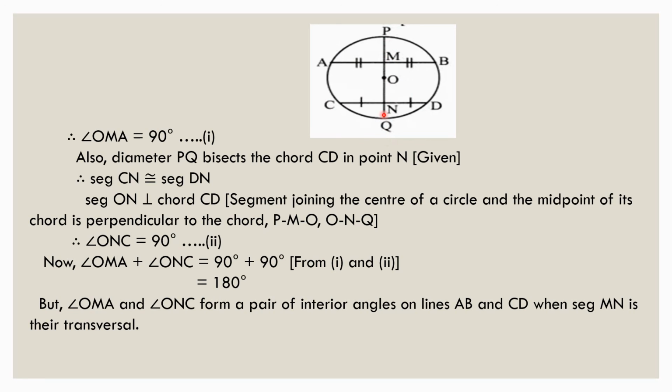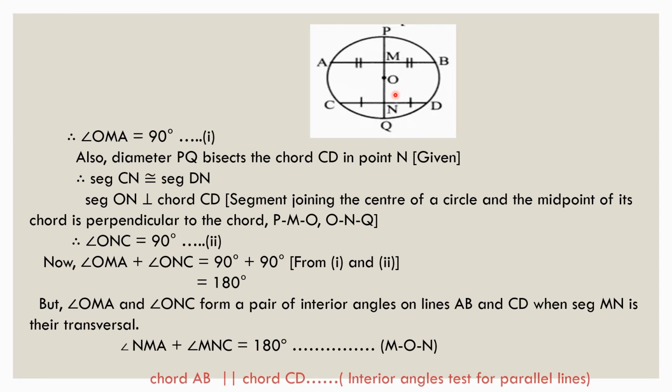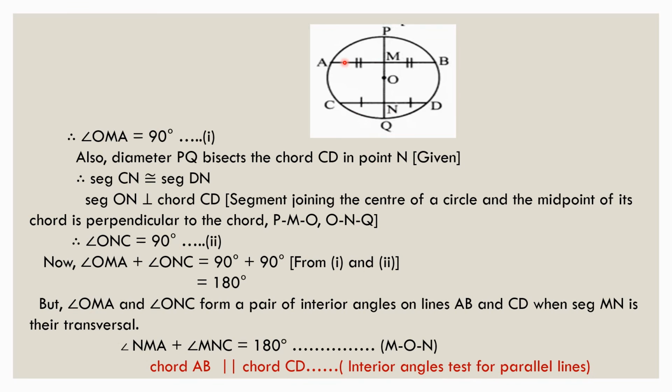Therefore, angle NMA plus angle MNC is equal to 180 degrees, because M-O-N. Therefore, chord AB is parallel to chord CD, by the interior angle test for parallel lines.